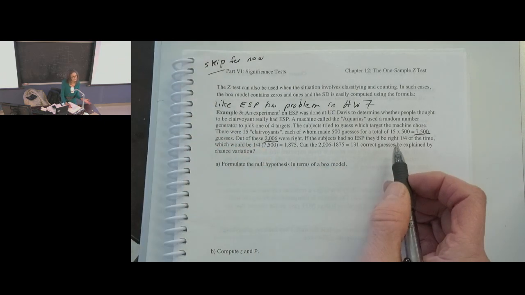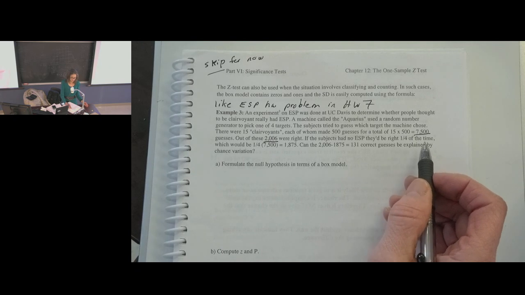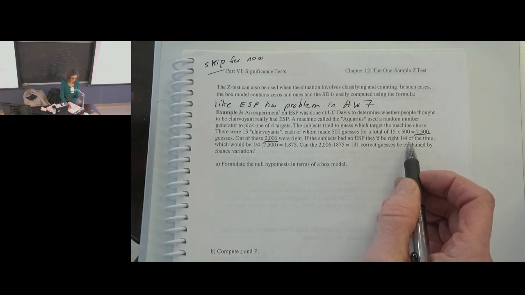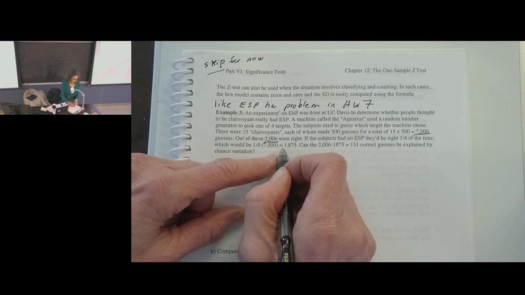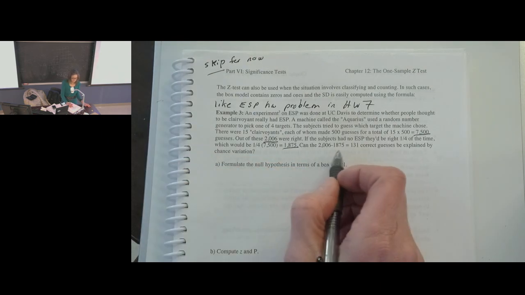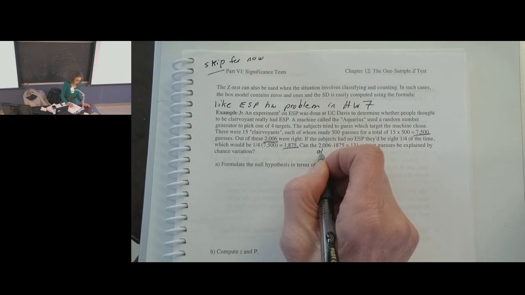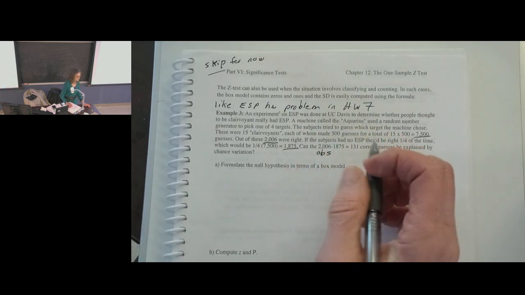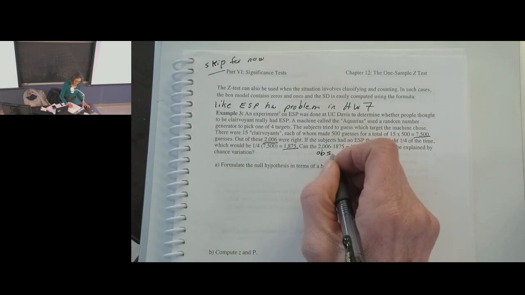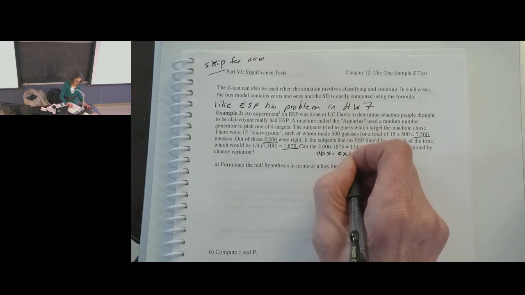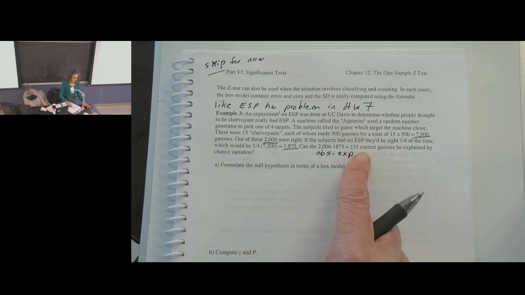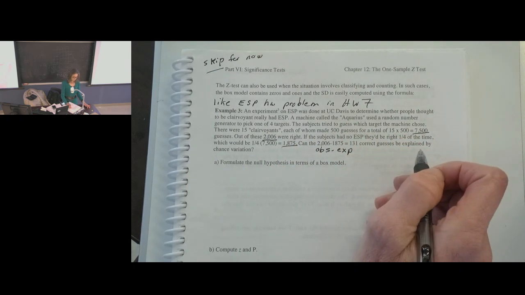But if they had no ESP and were just guessing, they'd be right 1/4 of the time. So this difference between what we observed, the sum total right, minus the expected under just random guessing is 131 extra correct guesses.